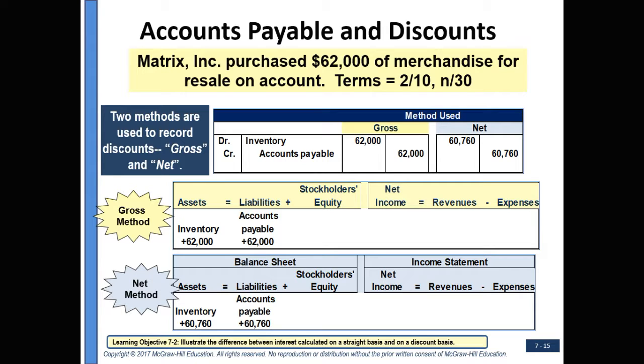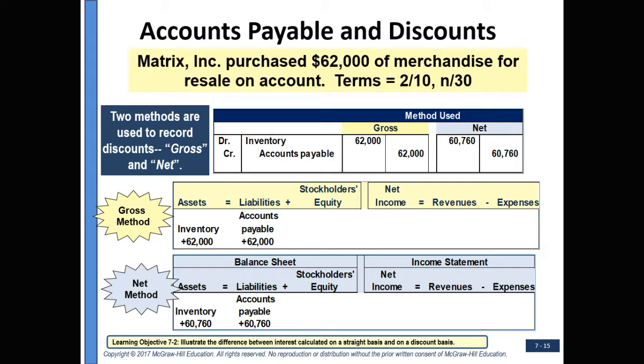Using the net method, though, we are making the presumption that we will take the cash discount. This requires $60,760 to be debited to inventory and the same amount to be credited to accounts payable. Assets and liabilities both increase by $60,760 on the horizontal model.